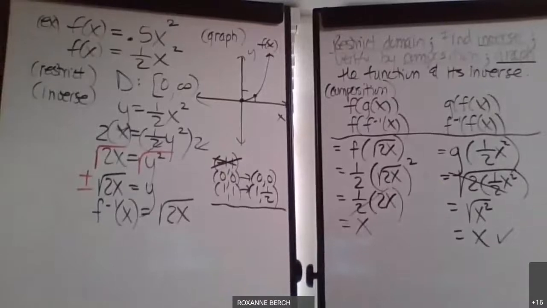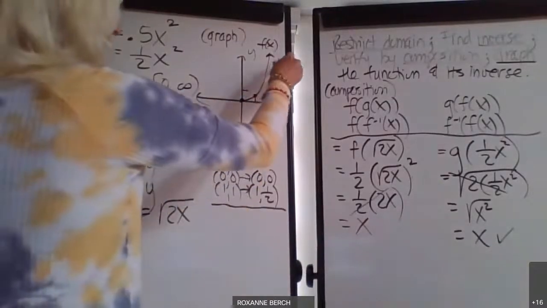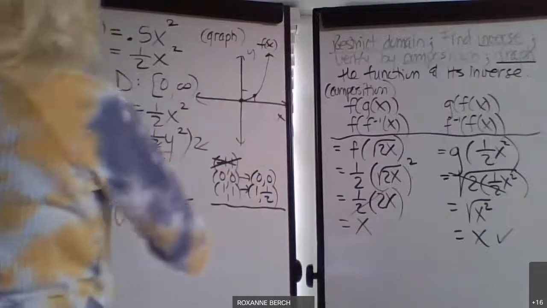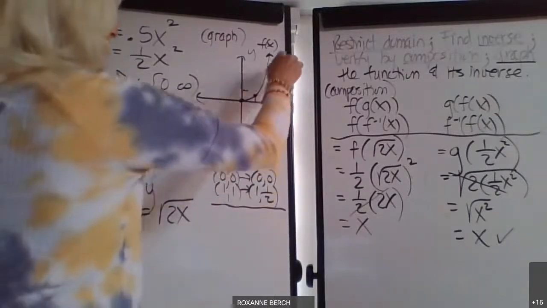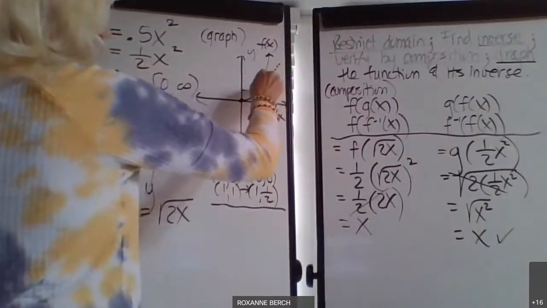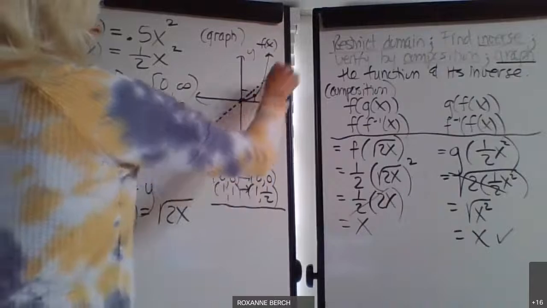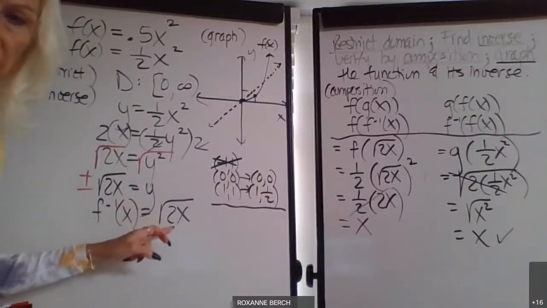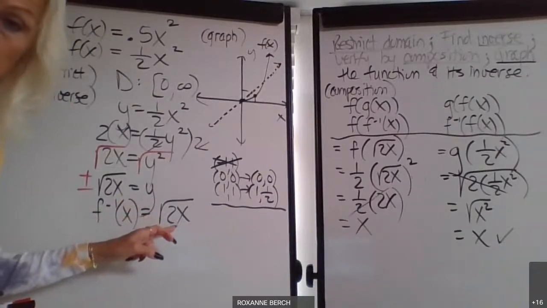Now, if I were you, I would draw the identity because the identity is going to help out. Now, pay attention. This is a horizontal compression by 1/2.